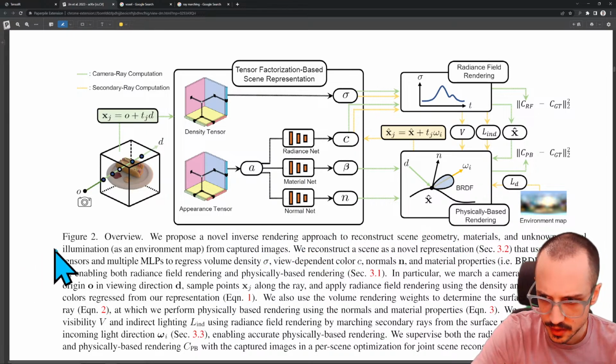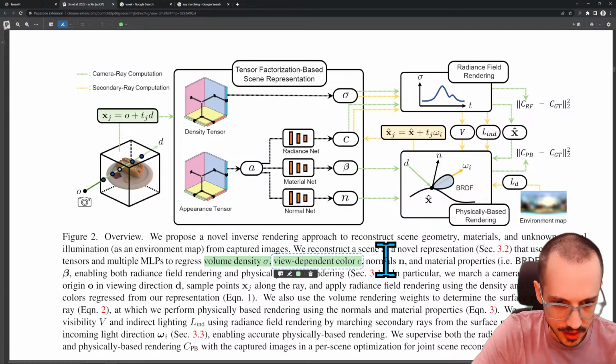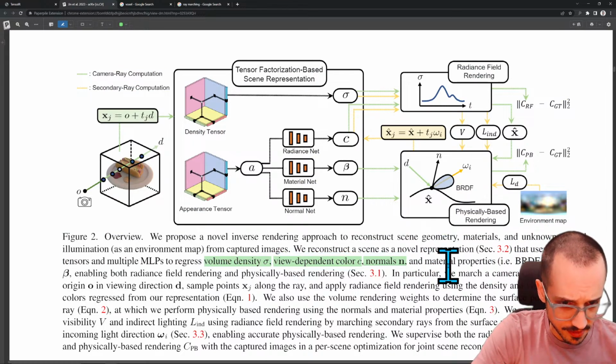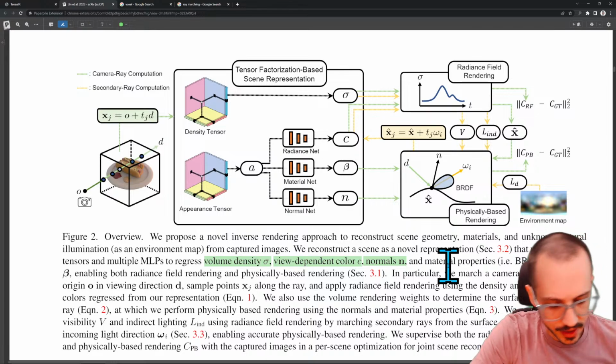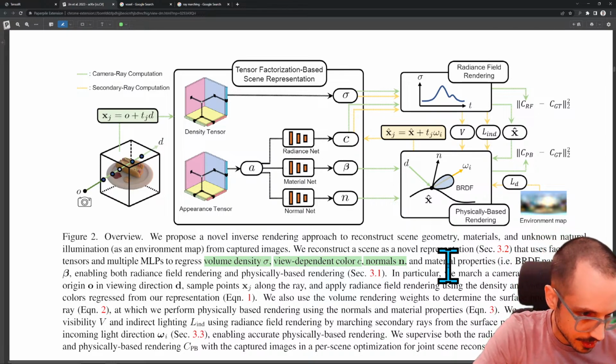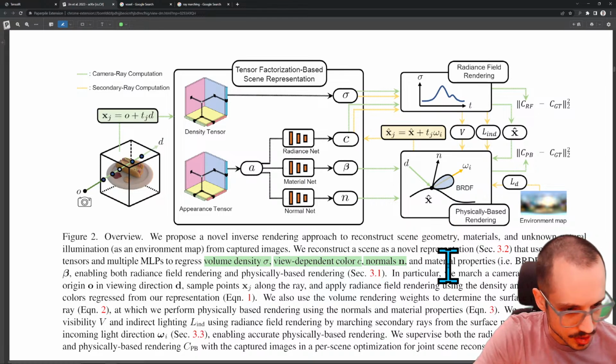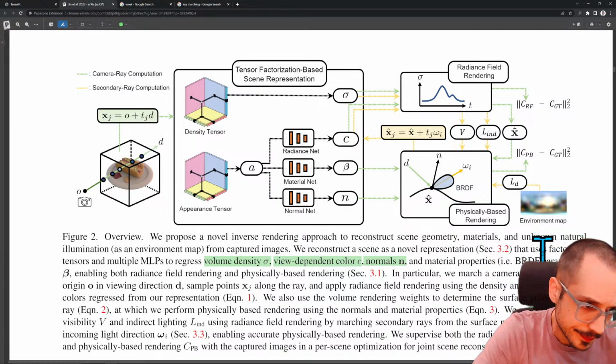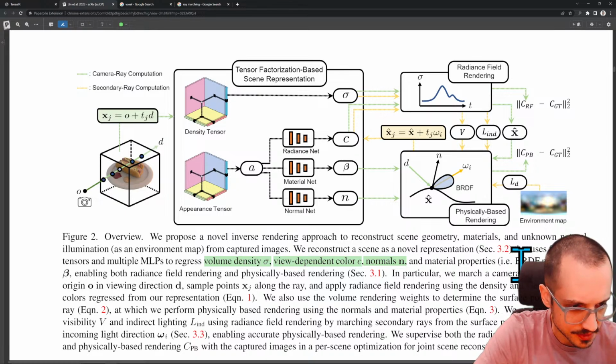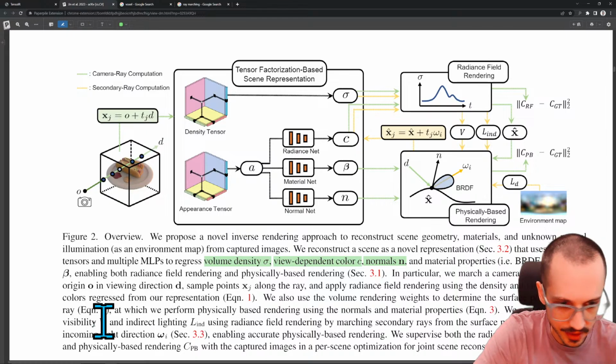Let's see. Multiple MLPs to regress volume density. So here we go. We got volume density, view dependent color C, the normals N, and material properties, BRDF parameters. If you have ever used any kind of 3D program such as Blender or Maya, generally you have editors for the material properties of textures, and BRDF is a pretty standard thing there.